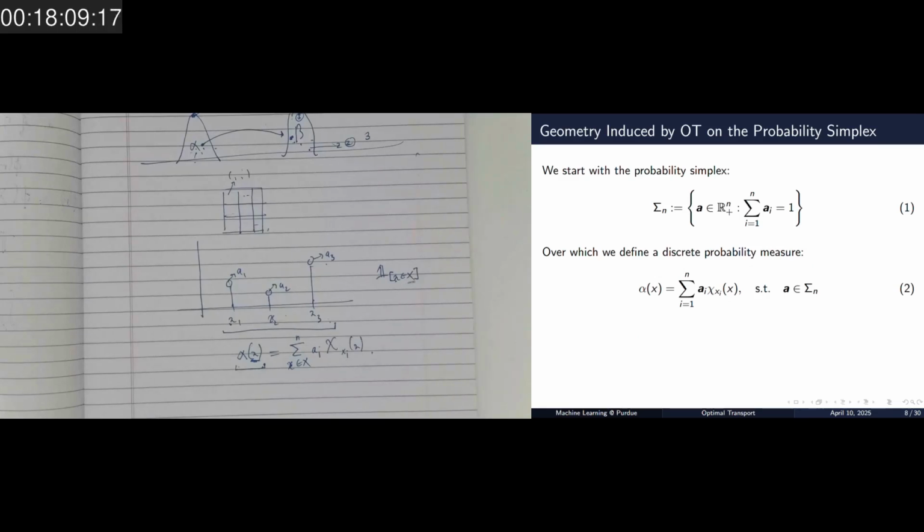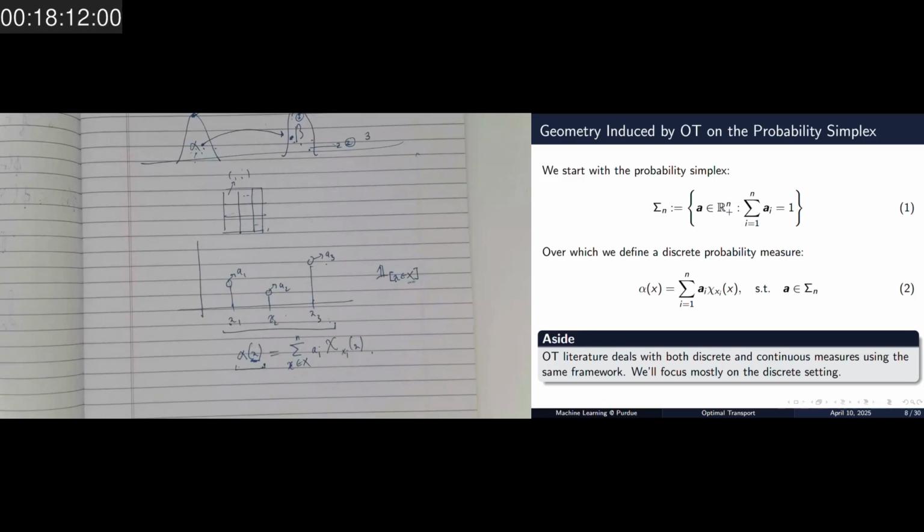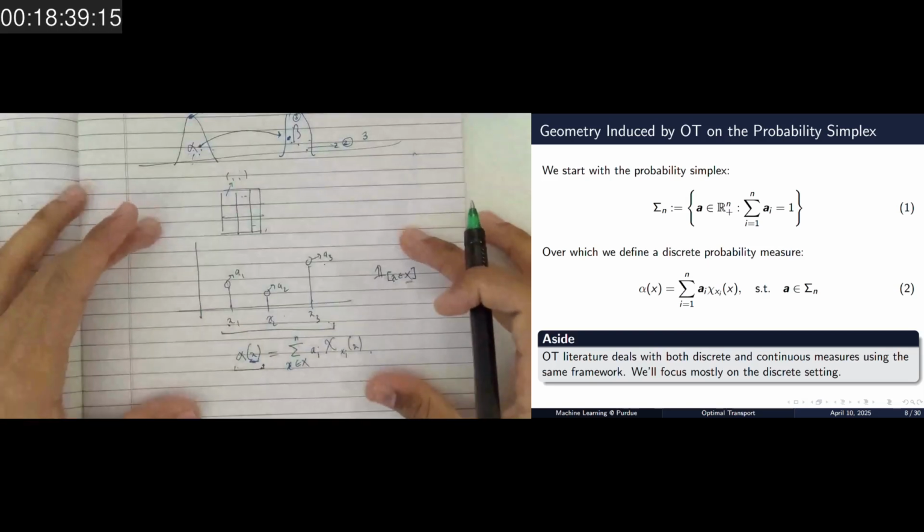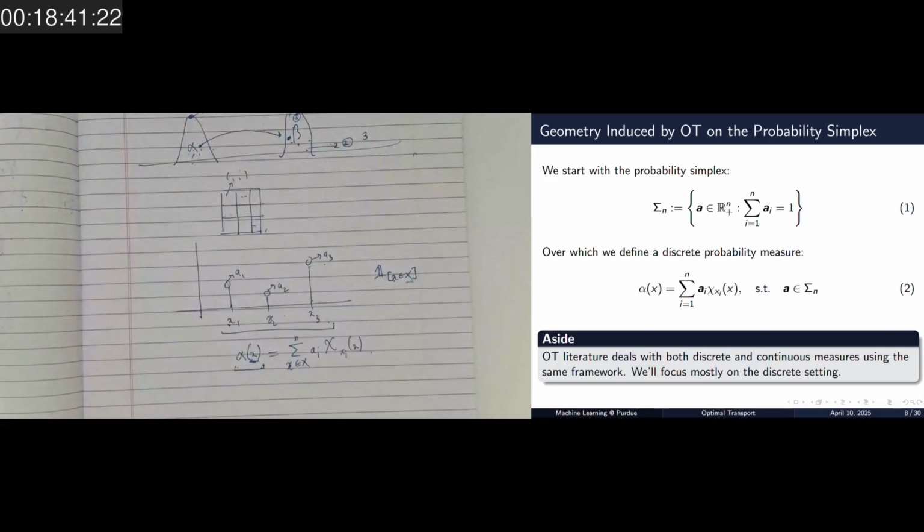So we have a discrete probability measure, and we are going to talk about discrete probability measures today because it allows us to use intuition. It's just more intuitive to look at discrete probability measures versus continuous ones. The framework that we will discuss today works both for the continuous and the discrete setting, but because we are going to mainly talk about the discrete setting, I just wanted to point out that this is in fact true, and it is not limited to just the set of problems that we will discuss today.